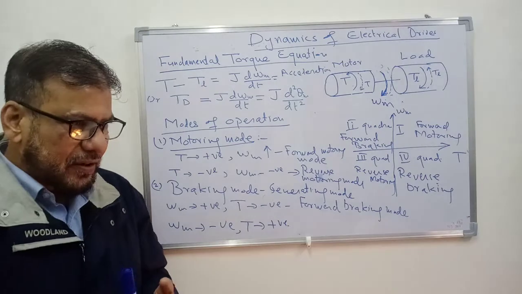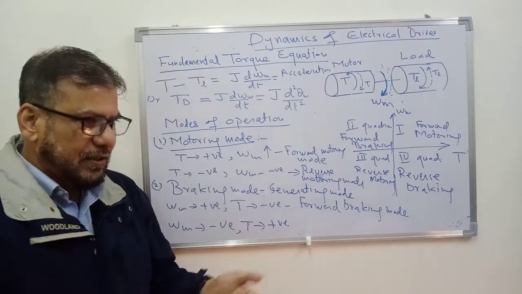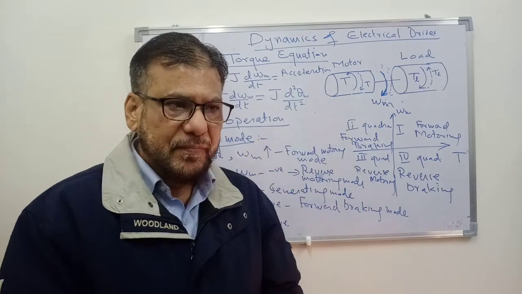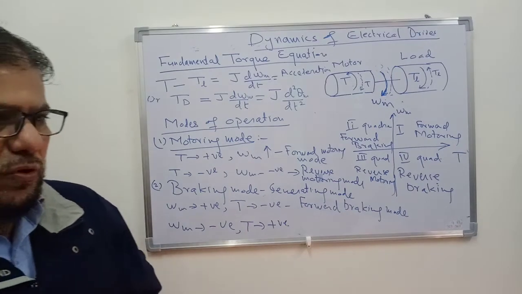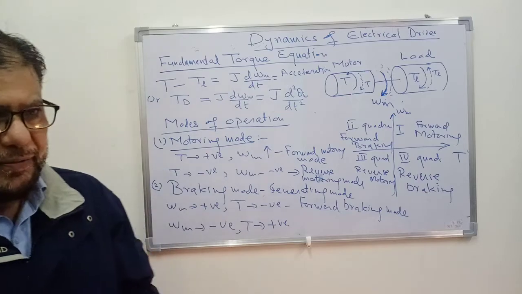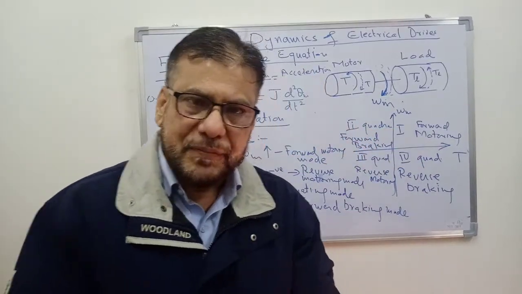Suppose it is having some electrical system. It is driving on some electrical energy. It is an electric vehicle, and you want to move only in the forward direction. Reverse direction is not required. So only forward direction is there.